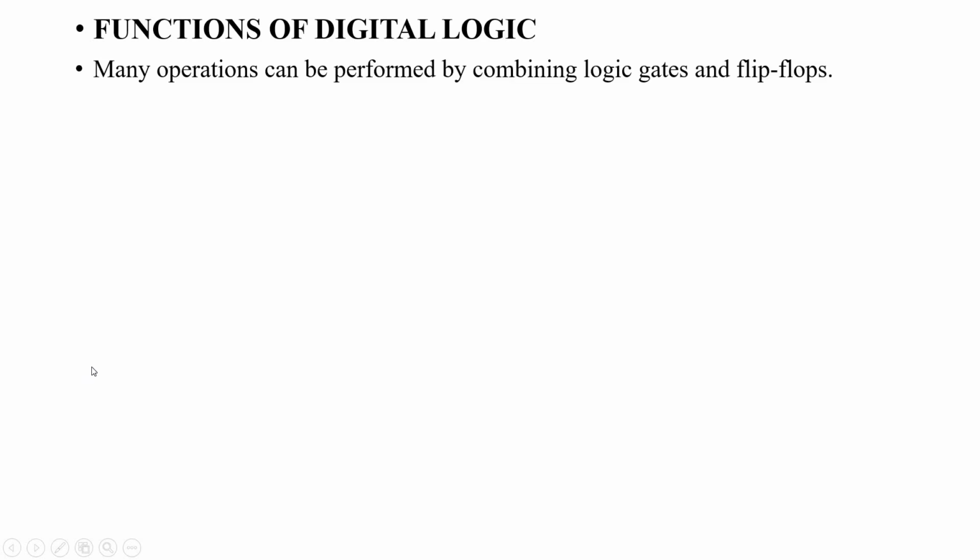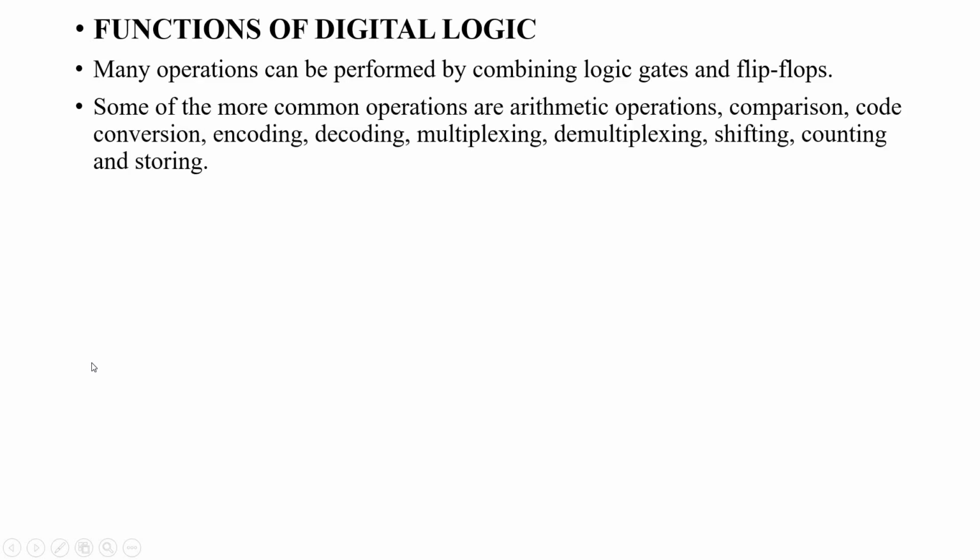Many operations can be performed by combining the gates and the flip flops. There are combinational circuits as well as sequential circuits. What do you mean by combinational circuits and sequential circuits? We'll learn it in upcoming lectures. So keep watching my channel so that you can understand basic combinational circuits and sequential circuits.